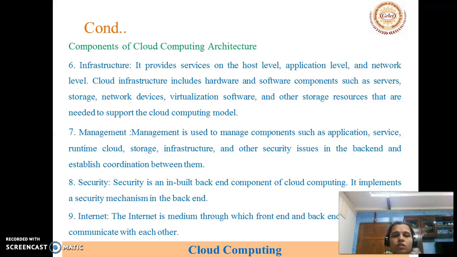That is the reason here we have the infrastructure. It provides services on the host level, application level, and network level. Cloud infrastructure includes hardware and software components such as servers, storage, network devices, virtualization software, and other storage resources that are needed to support the cloud computing model.